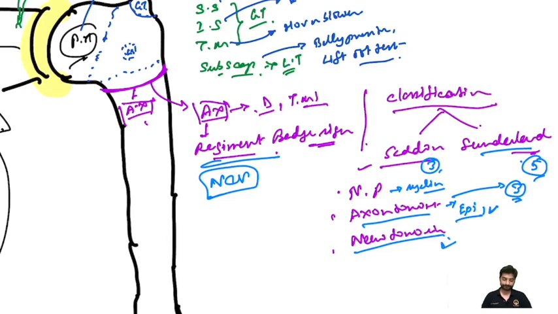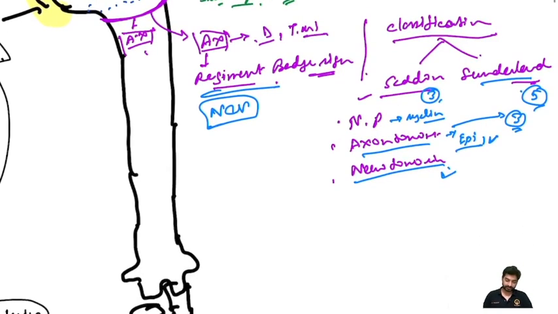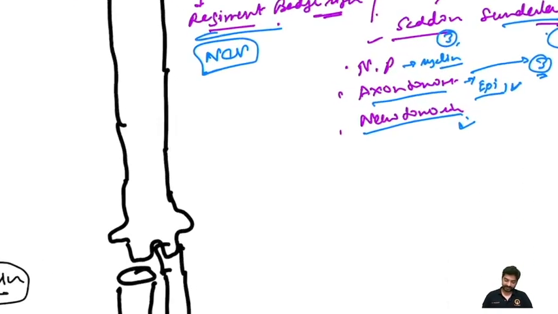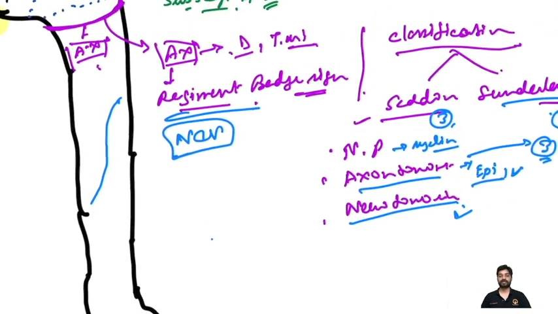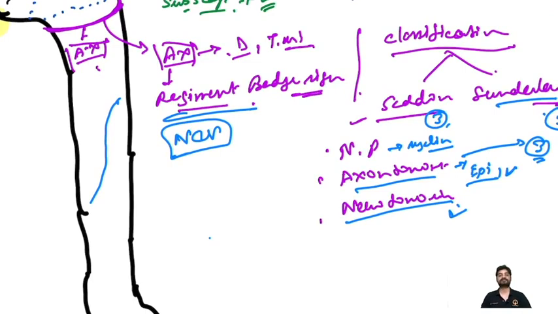Right. So apart from that, one important nerve which is lying in the spiral groove, coming from posterior to anterior by piercing the lateral intermuscular septum, is your famous radial nerve.